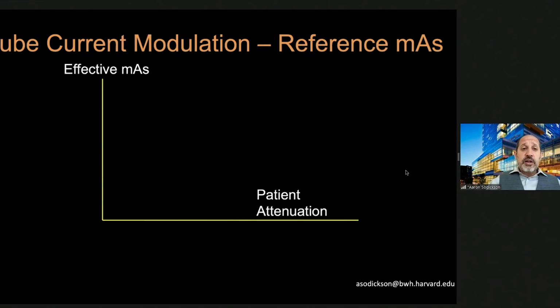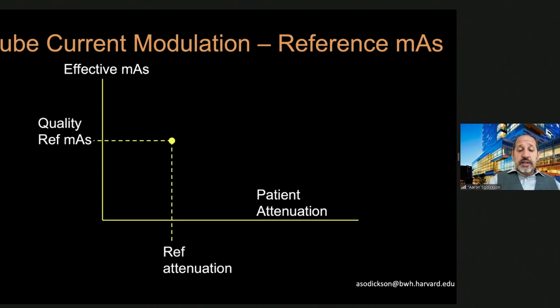It varies by scanner. This is the Siemens and Philips approach, where basically we have a reference attenuation value that has been selected to match a sort of typical sized patient, whatever that might be. We define a quality reference mAs in the case of Siemens, or an image quality standard in the case of Philips.